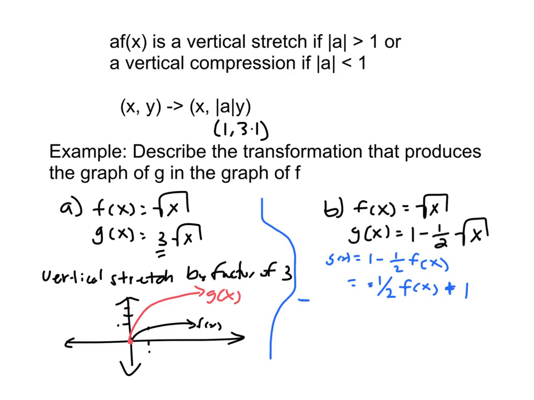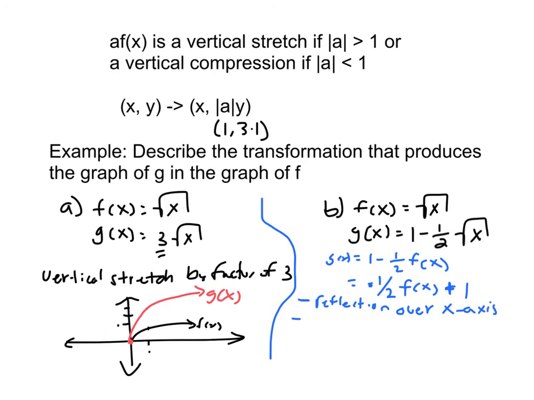In the previous video, we talked about reflections, and we said if the negative sign is out front like this, then it's a reflection over the x-axis. So let's go ahead and write that. Reflection over x-axis.